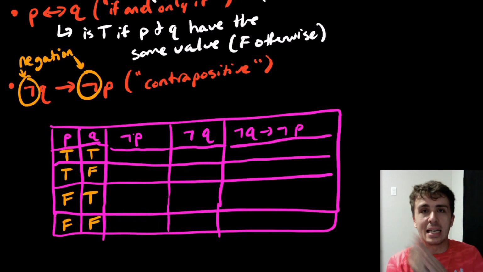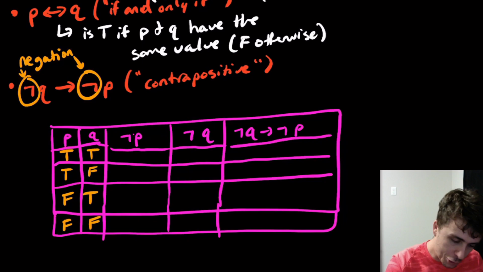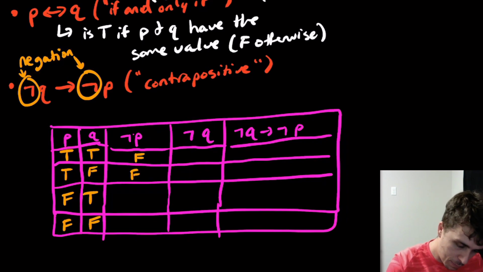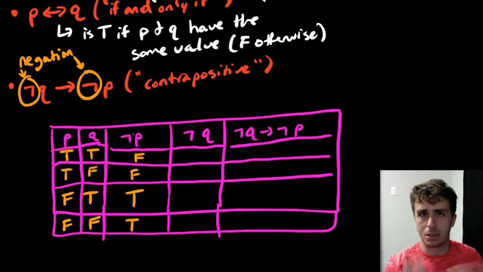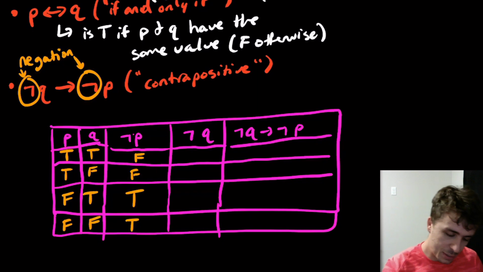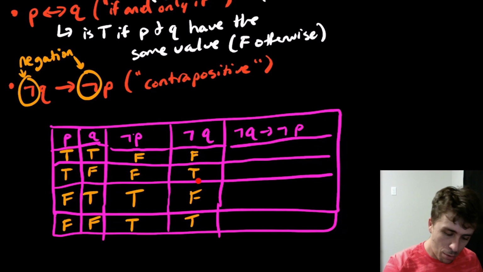It's the exact opposite of what the P column is. So in the first 2 entries, I'm going to have false, and in the second 2, I'm going to have true. And then the Q column is going to be exactly the same idea. False, true, false, true.